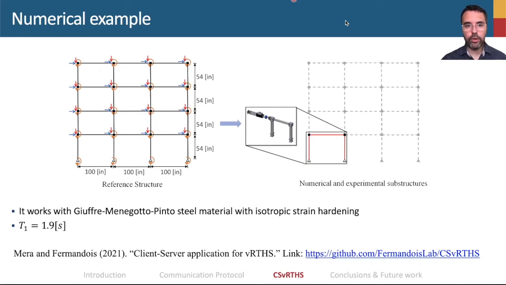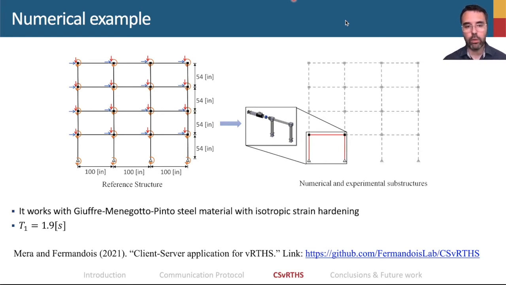The following numerical example is considered to validate this framework. A four-story reference structure is considered where one bay of the first story of this structure is the experimental substructure, meanwhile the rest is the numerical substructure. We consider nonlinearity for the structural elements.